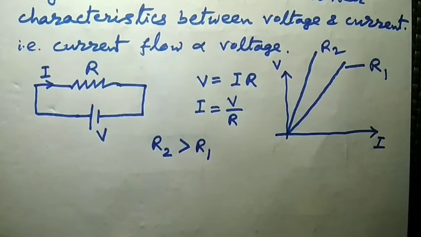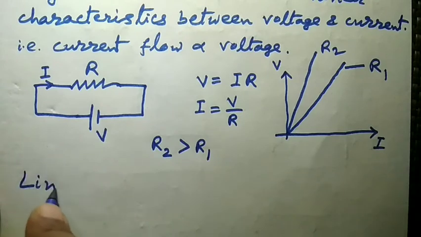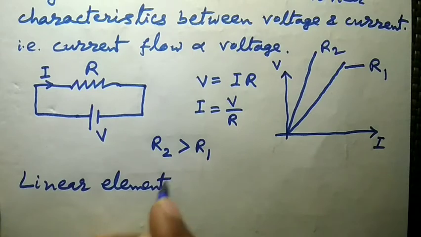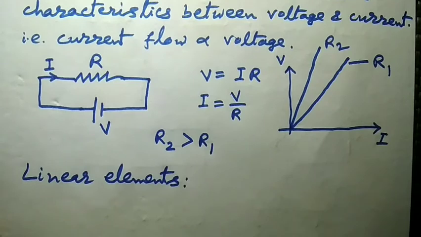The elements which follow this linearity, that means where the V versus I characteristics is a straight line, these elements are called linear elements. So the linear elements are the elements where the voltage and current characteristics is in direct proportions.